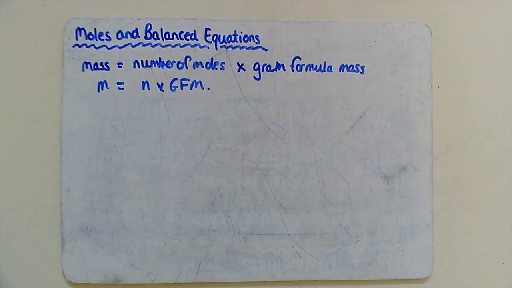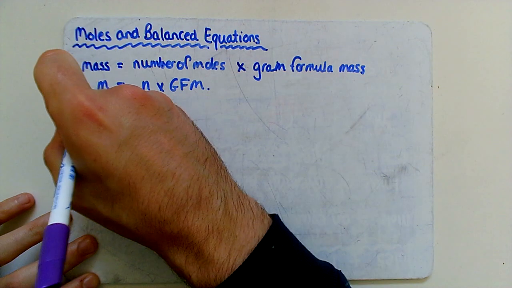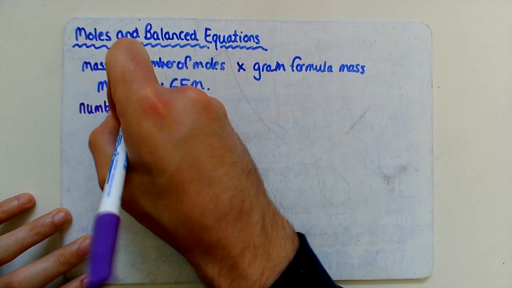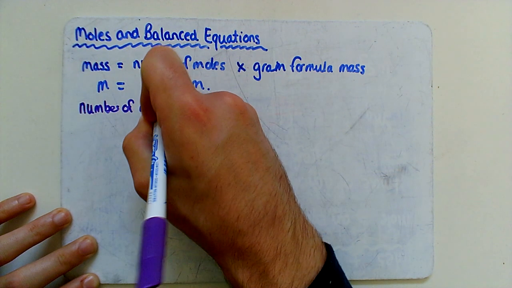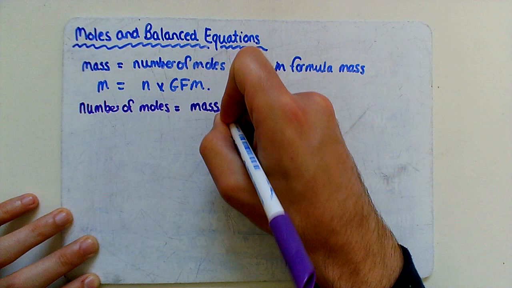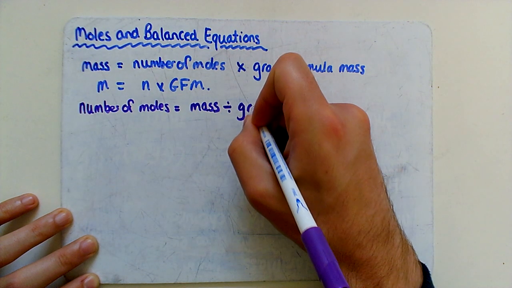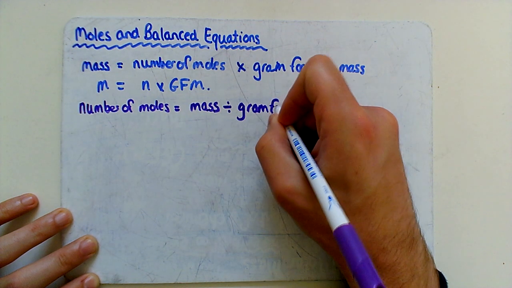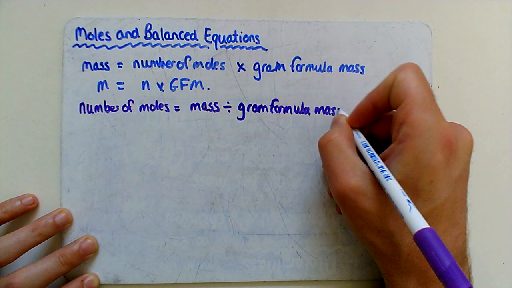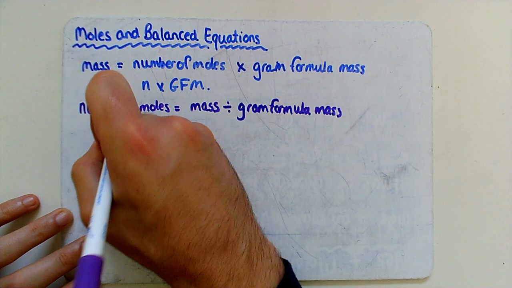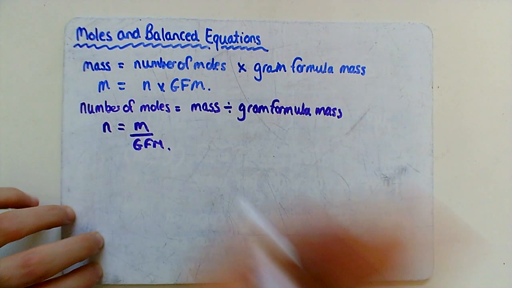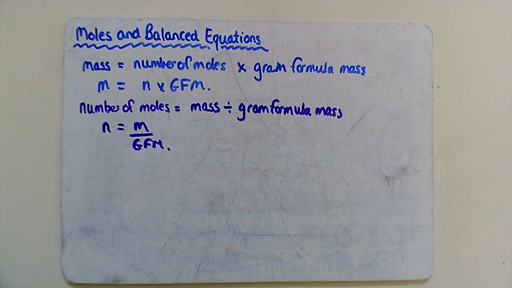But we also had number of moles equals mass divided by gram formula mass, which was N equals M divided by GFM. Those were the two equations we had.